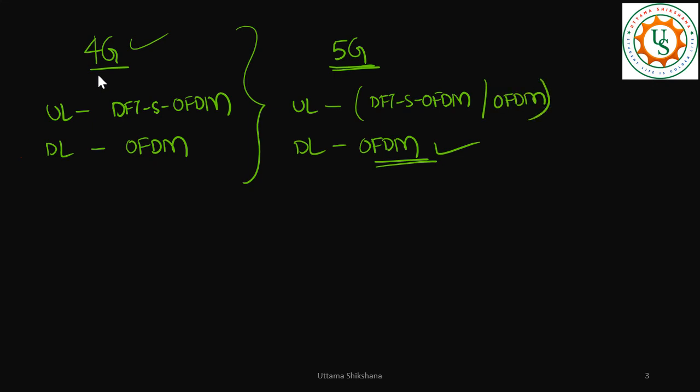The thing is that when 4G was designed, that time the problem was identified, that there is a requirement of designing more compact and less power consuming power amplifiers. Even though it is more linear, it should consume less power and it should be compact.